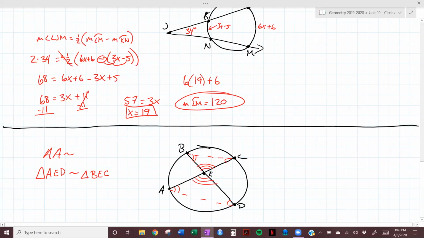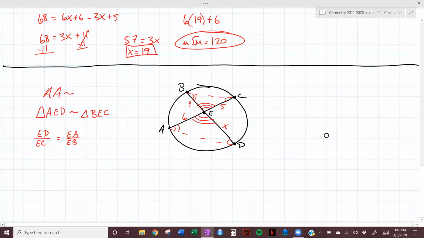Okay? So based on the angle similarity theorem, we have the length ED over EC, which is equal to EA over EB. Now, E to A is 6, E to B is 4, E to C is 5, and E to D is X. So now that we know our formula, we're just going to plug in values.